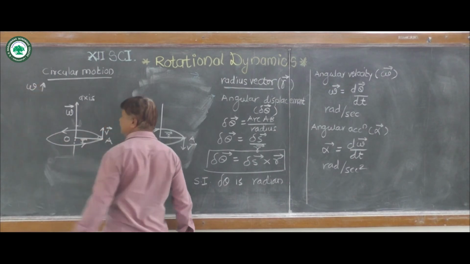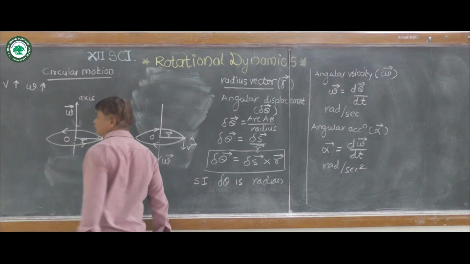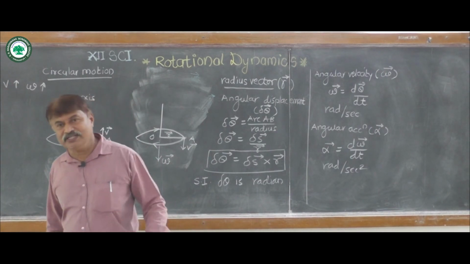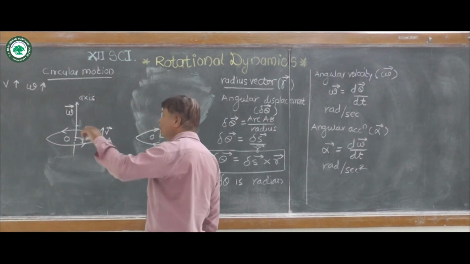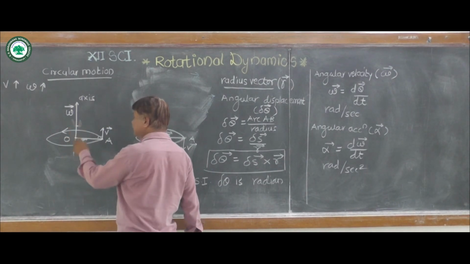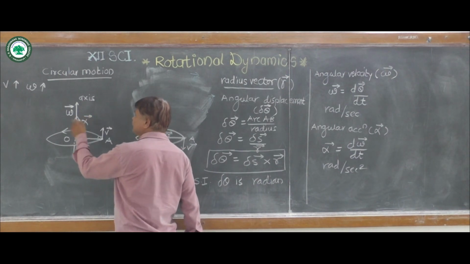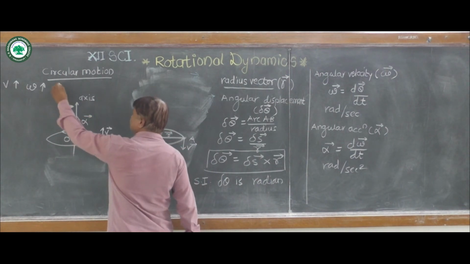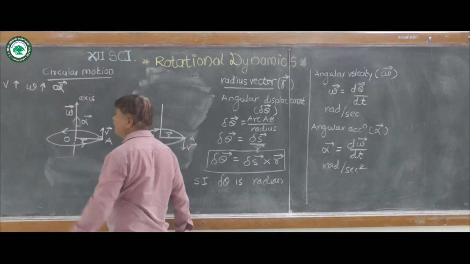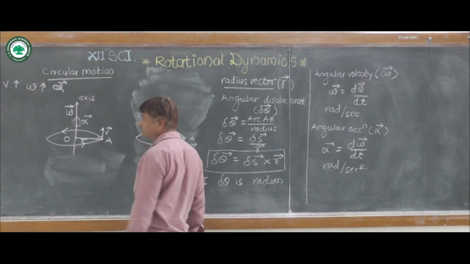Omega is increasing because V is increasing, meaning linear velocity is increasing, therefore omega is also increasing. In that case, alpha is along the same direction as omega. So the directions of alpha and omega are along the axis in the same manner.